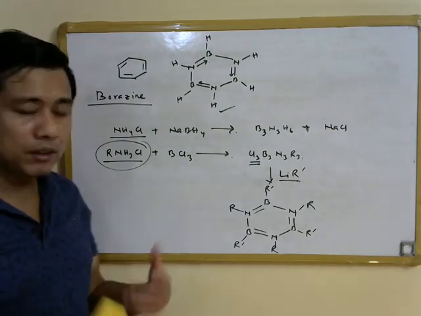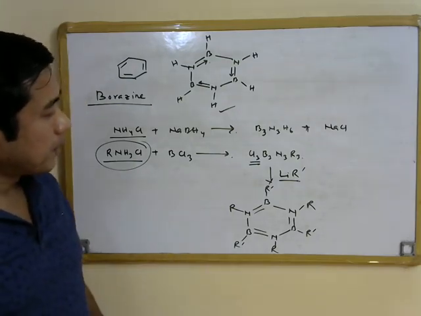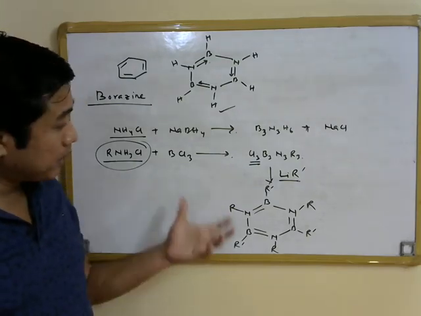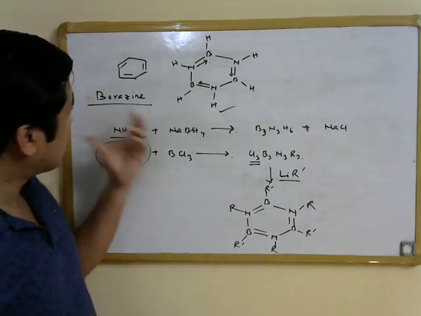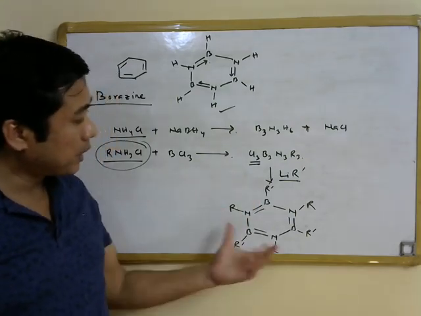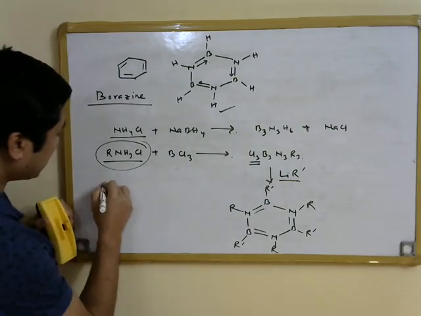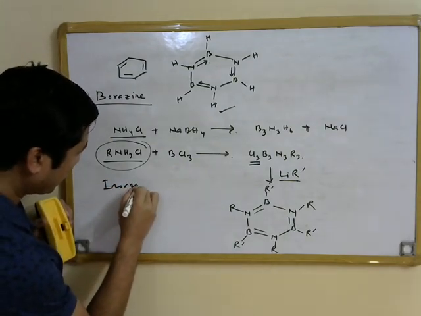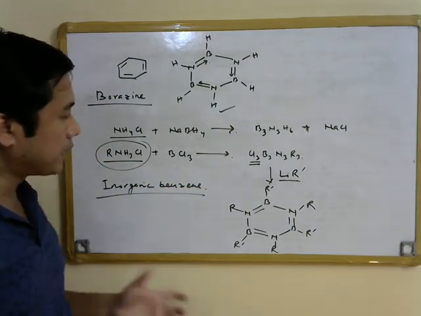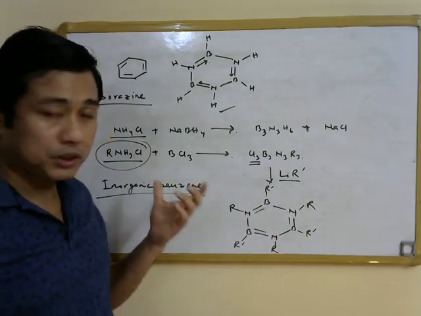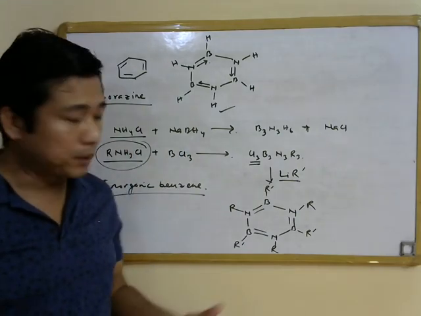So this is how different substituted Borazines can also be prepared, and because of the resemblance or similarity of many physical properties of Borazine with benzene, as well as the structure of Borazine being quite similar to the structure of benzene, it is termed as inorganic benzene. In fact, some of the physical properties of Borazine are strikingly similar to the many physical properties of benzene.